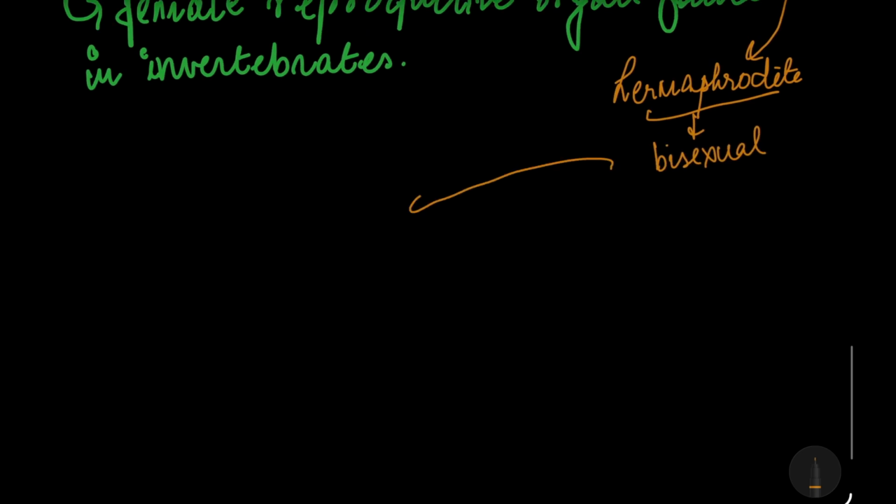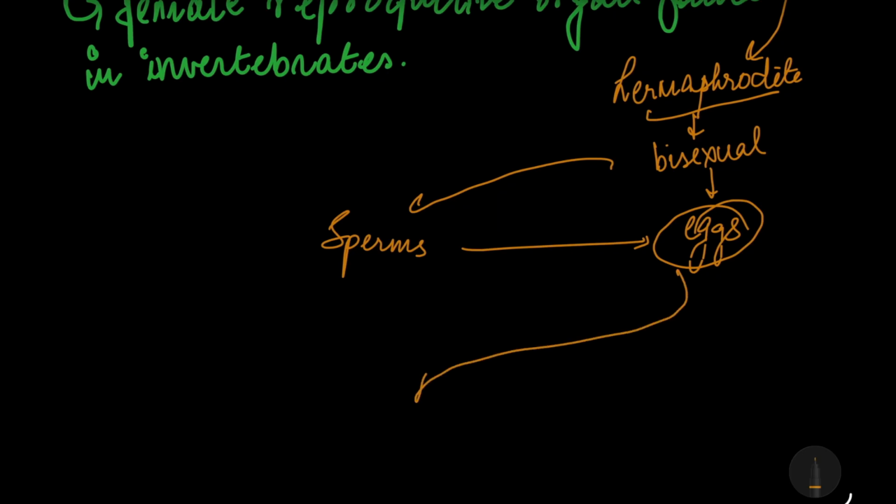That is, firstly it forms sperms, then it forms eggs, and they come in contact, and the fused egg comes out through vulva. Right?